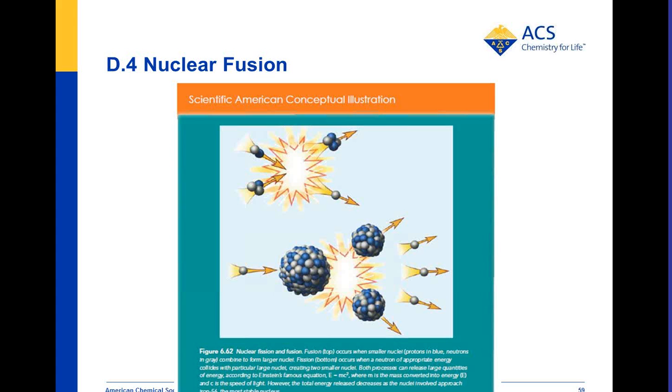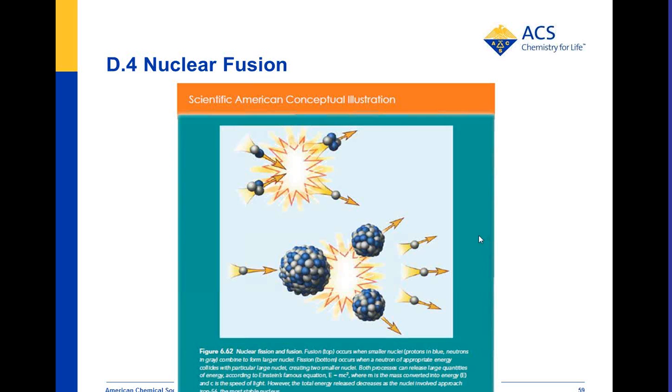So here it's comparing fission and fusion very nicely, and talking about how fusion has certainly been used for military weapons and the problems associated with trying to harness it for energy. So a very short section, but dense with good information.